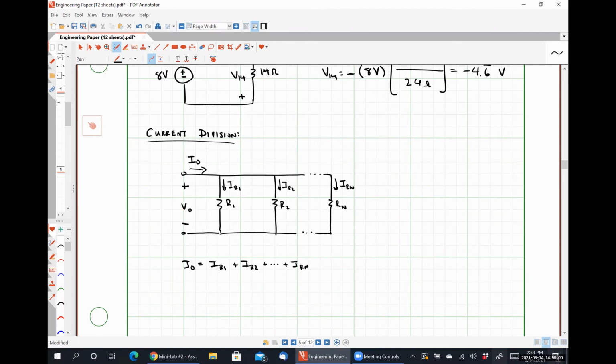And so what that gives me is I naught is equal to V naught over R1 plus V naught over R2 plus V naught over R3.